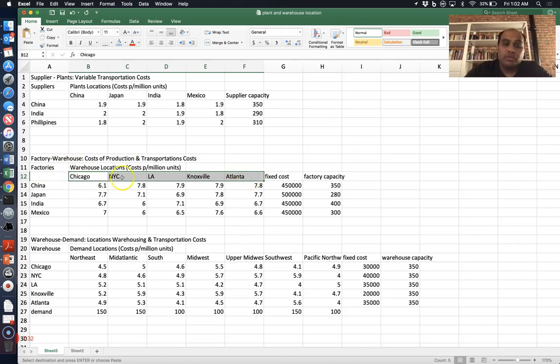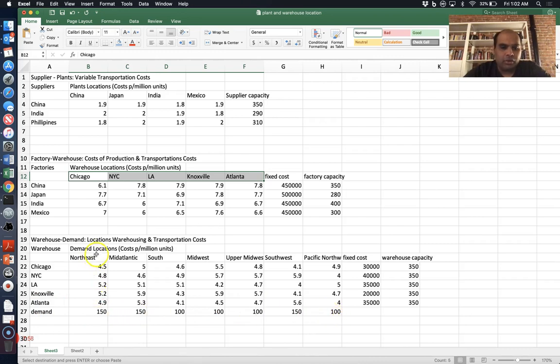Again, we don't know which of these warehouses are going to be open, and we don't know which of these plants are going to be open. That is part of the decision. Now, the fixed costs for opening the factories are here, and the factory capacities are here. Similarly, the fixed costs for opening the warehouses are given here, and the capacity for the warehouses are also given here. And the final demand is also given here.